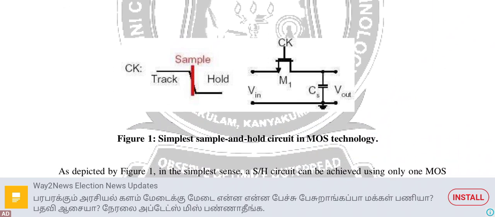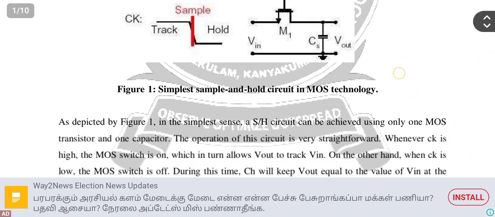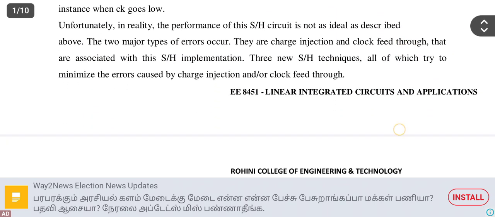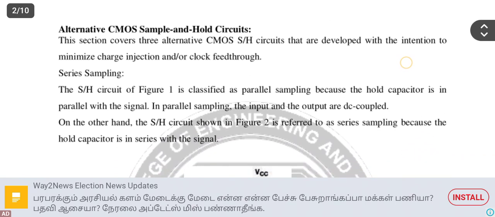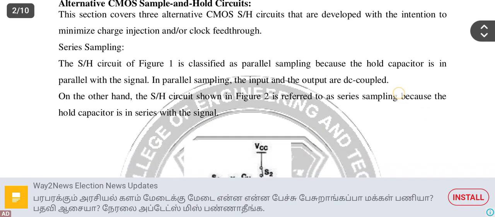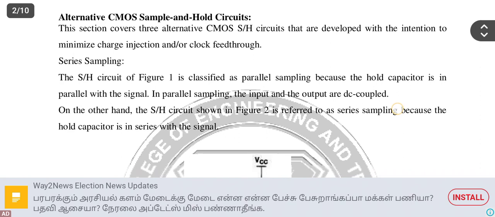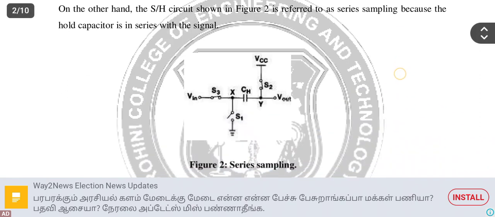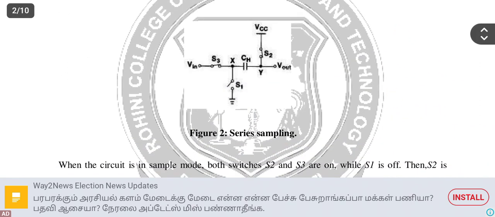A simple sample and hold circuit using MOS technology is represented in this diagram. An alternative CMOS sample and hold circuit, which does series sampling, is represented in this diagram.